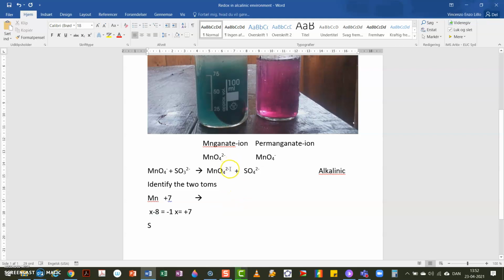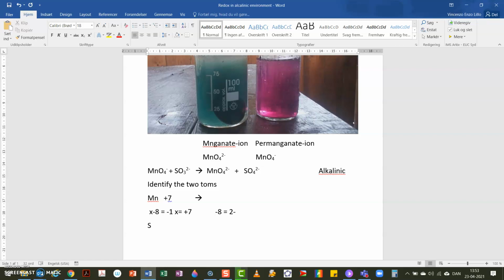Well, everything is equal to -2. There are still 4 oxygen atoms, so their contribution will be -8.